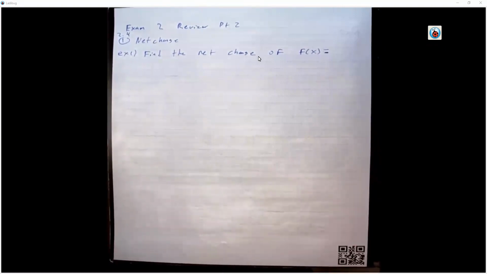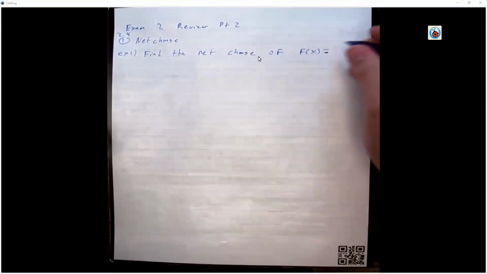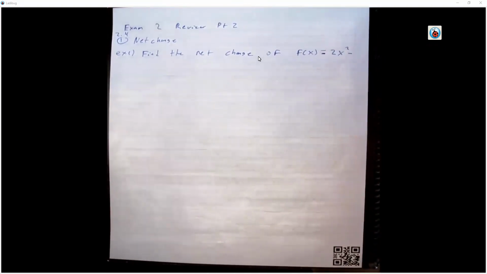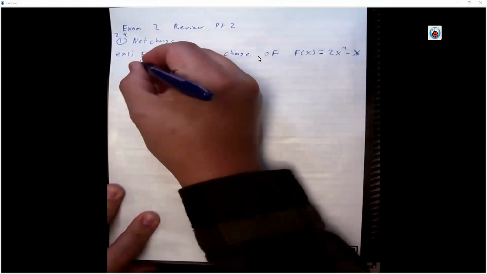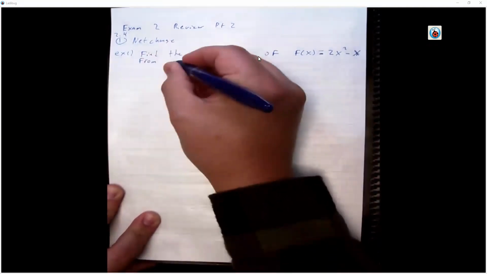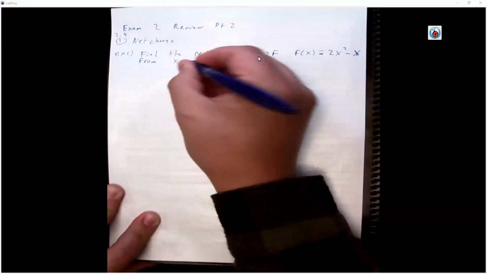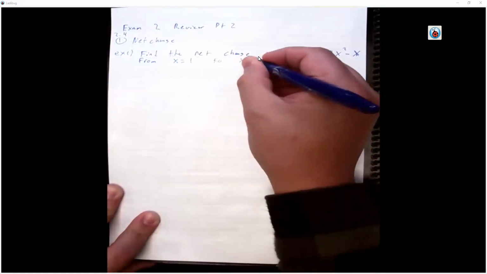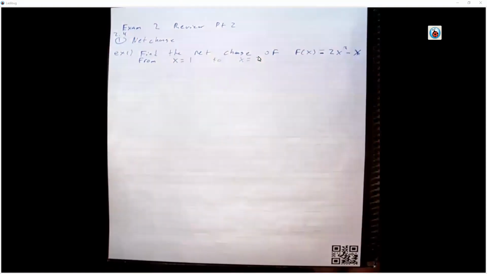I'll just pick a random one from the homework: 2x squared minus x from x equals 1 to 2.